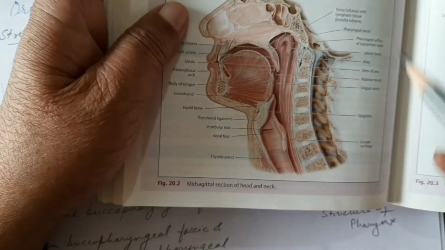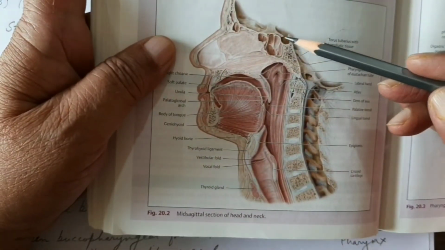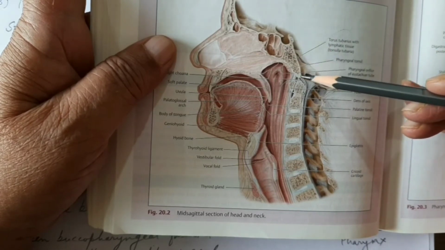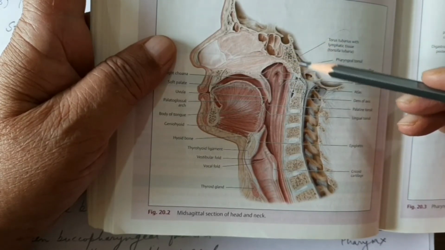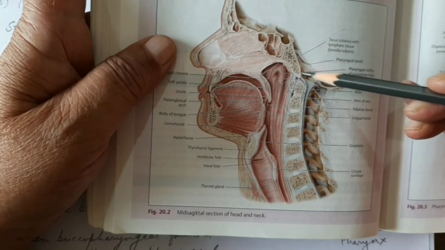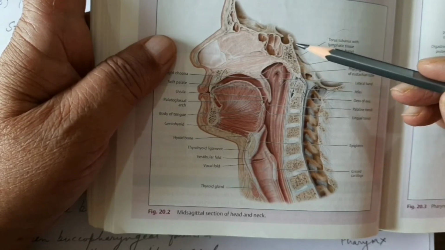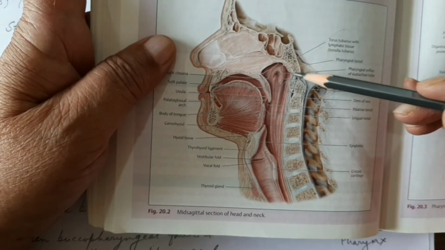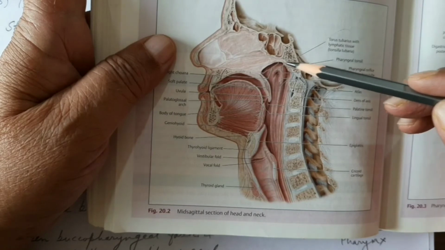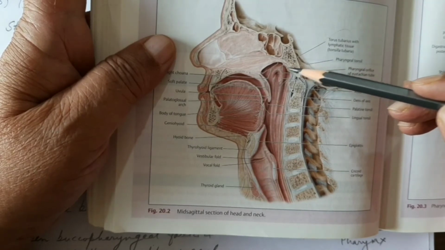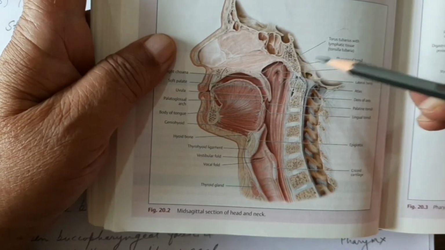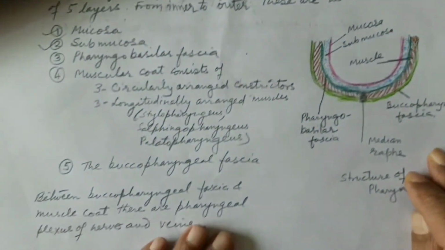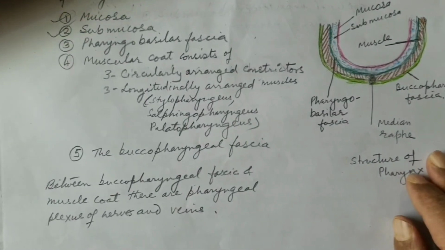Again, in this mid-sagittal section, you can see this is the hypophyseal fossa, this is the dorsum sellae, and this is the sloping surface of the basi-occiput bone, which forms the wall of the posterior cranial fossa, on which lie the pons and the medulla. So the lower surface of the basi-occiput bone will give attachment to the pharyngobasilar fascia.